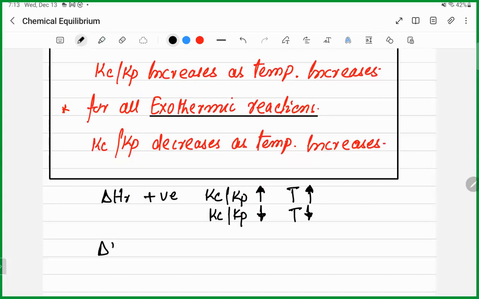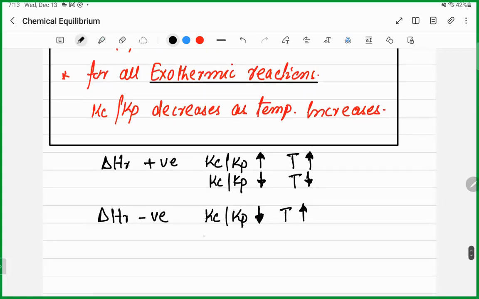If you have an overall exothermic reaction, the Kc Kp value decreases as the temperature increases, or Kc Kp value increases on lowering the temperature because exothermic requires lower temperature.